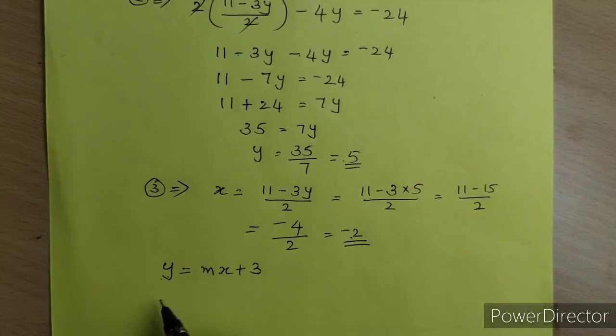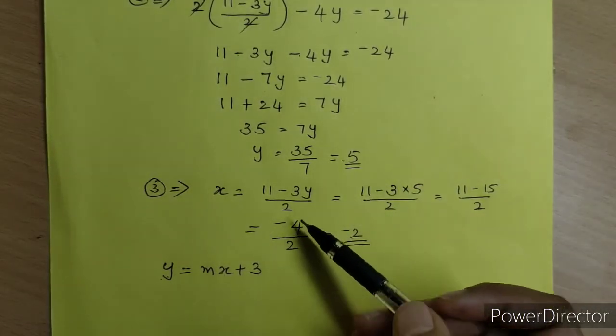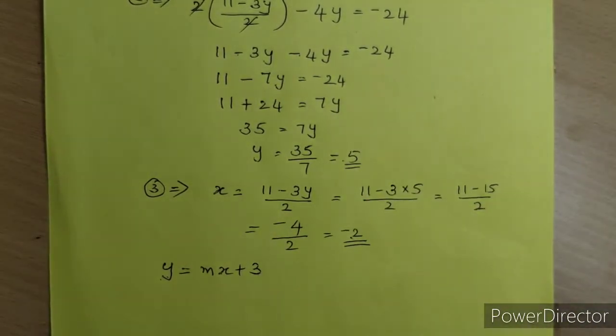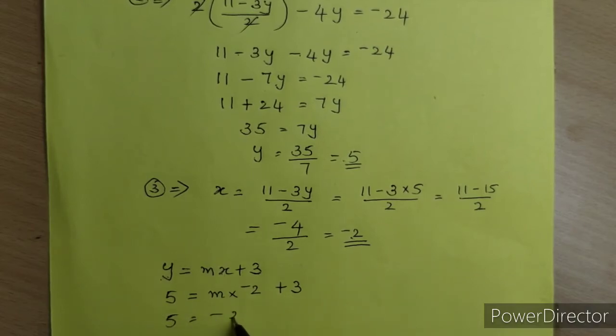So in this you have to substitute the value of x and y, you have to find the value of m. So y value is equal to 5 equals m into x value is negative 2 plus 3, or 5 is equal to minus 2m plus 3.